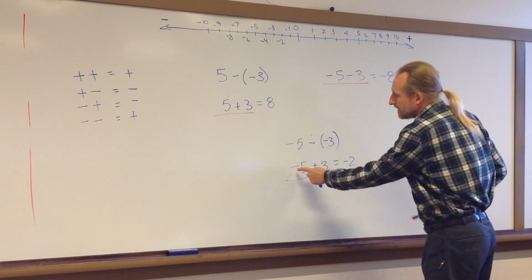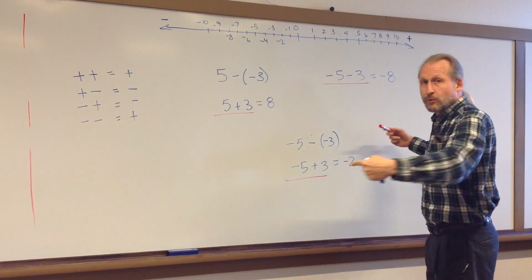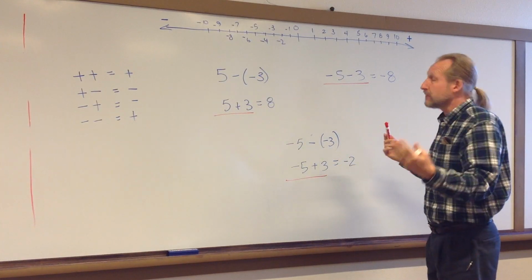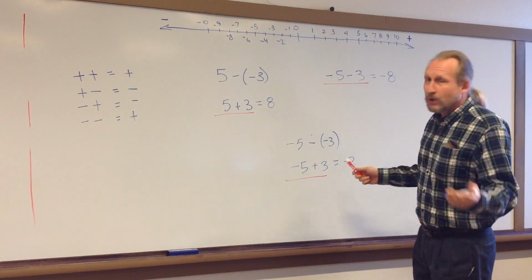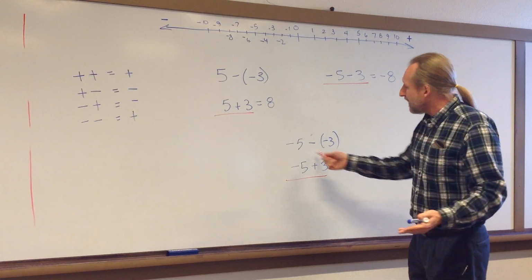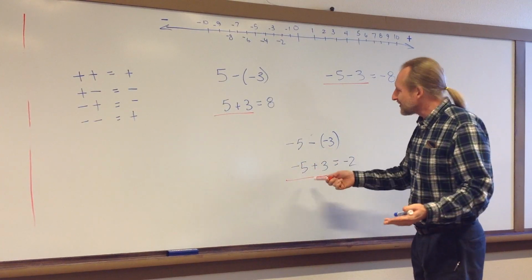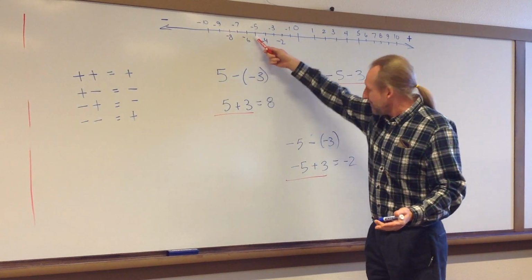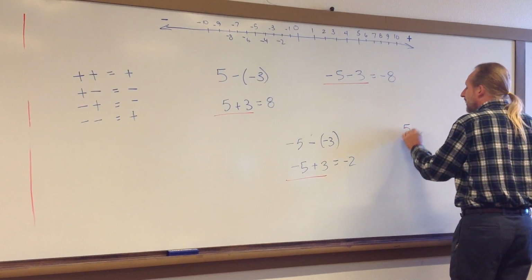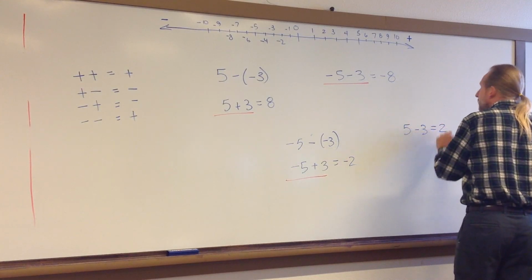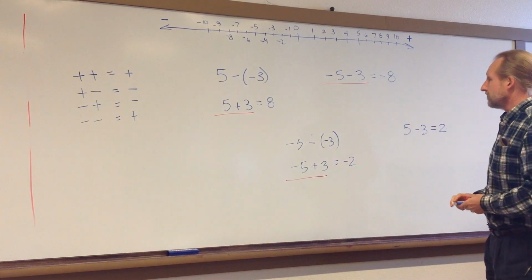When the signs are different, that's where you're going to be having a difference. The difference between 5 and 3 is 2. Now, what sign that answer takes depends on which of these is positive and which is negative. If you've got negative 5 and positive 3, that'll be negative 2. If you've got positive 5 and negative 3, then that'll be positive 2.